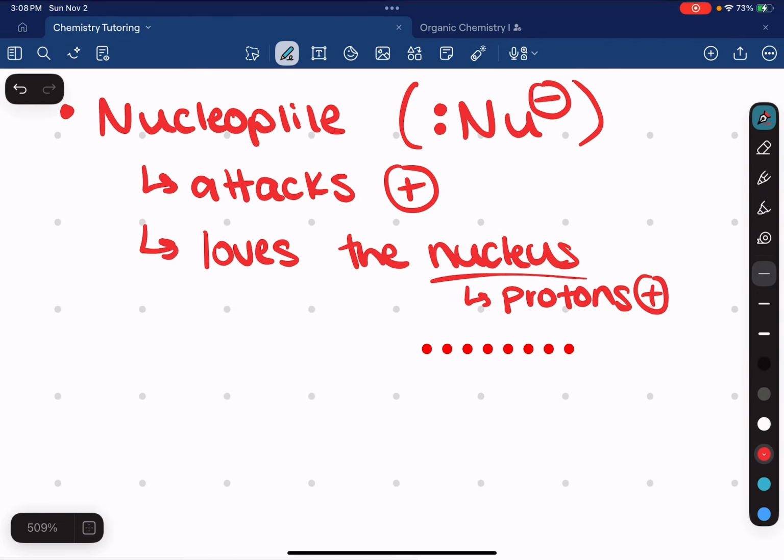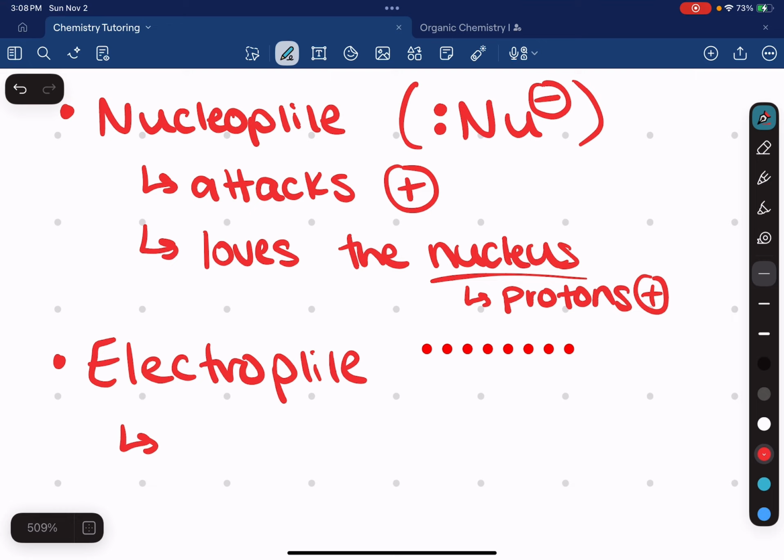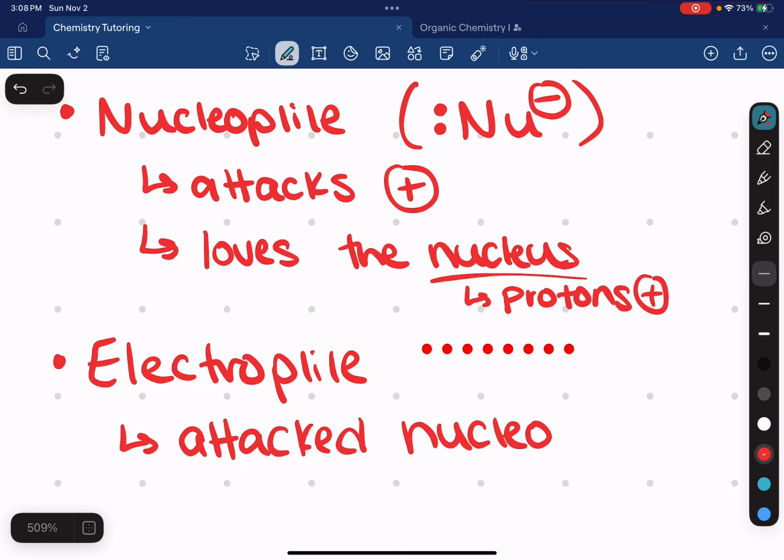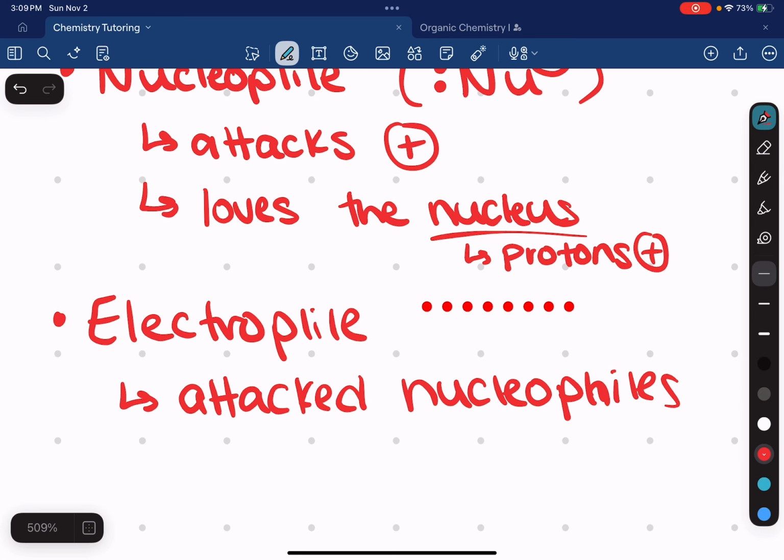So you'll have your nucleophile, and if you have a nucleophile, you've got to have an electrophile, its counterpart. This is attacked by the nucleophiles. Right, it's the counterpart. So whatever the nucleophile is searching for is the electrophile.